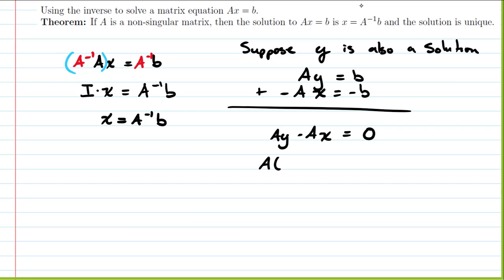I could then factor out my A, and that gives me A times Y minus X is equal to 0.